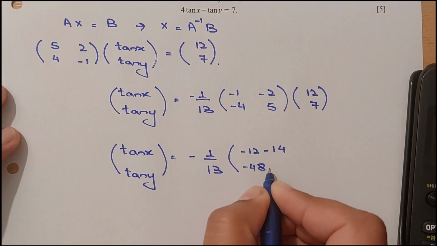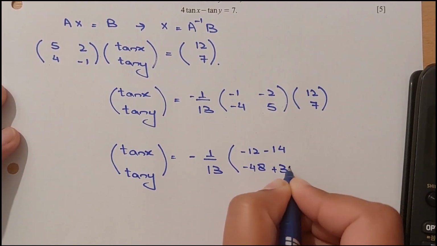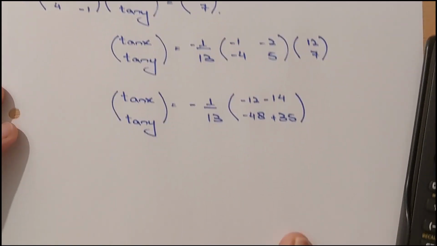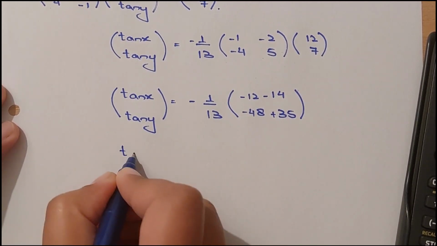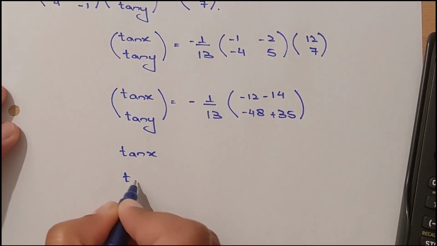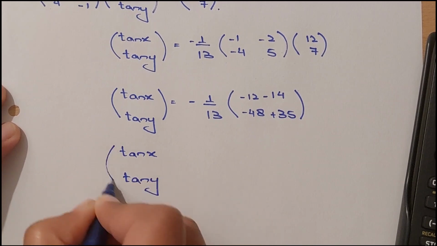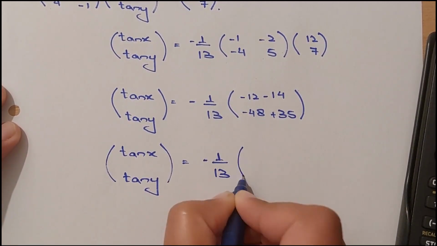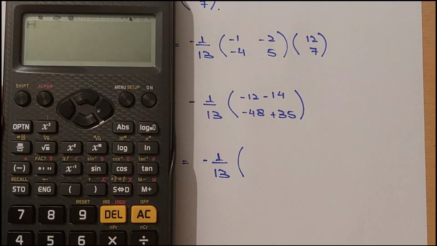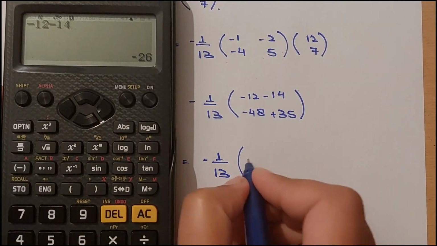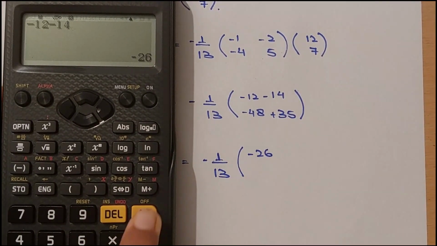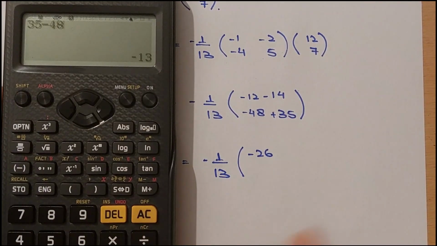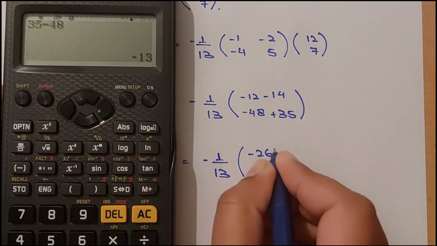And 5 times 7 is 35. Further simplification: tan x, tan y equals -1/13 times -12 -14, which is -26, and 35 -48, which is -13.